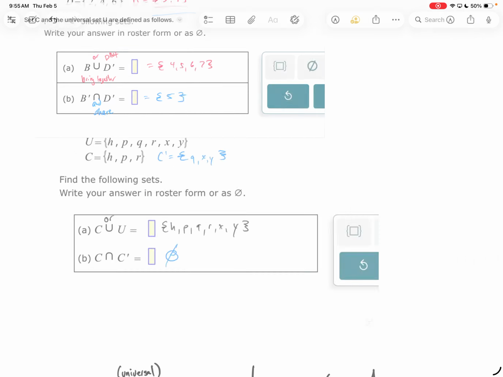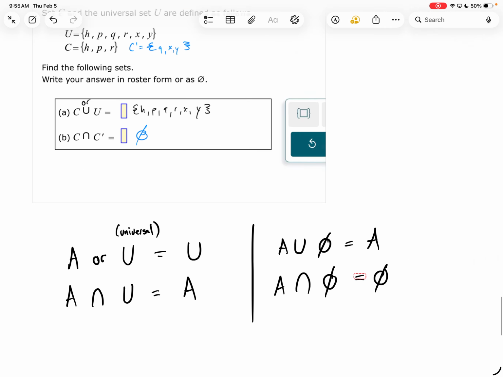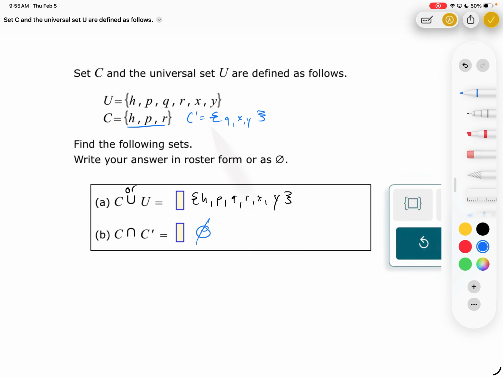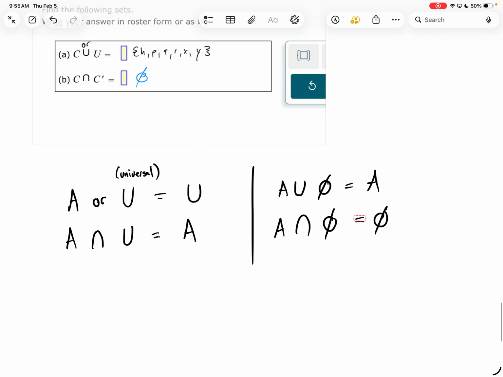All right, so a couple of rules to help you get through those. They're not hard. You can just look at this and tell there's nothing that they share, so it's empty. I use the word or instead of my union symbol because it's hard to read. A union the universal: what's in A or the universal?